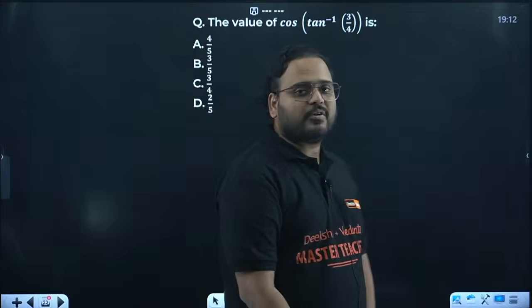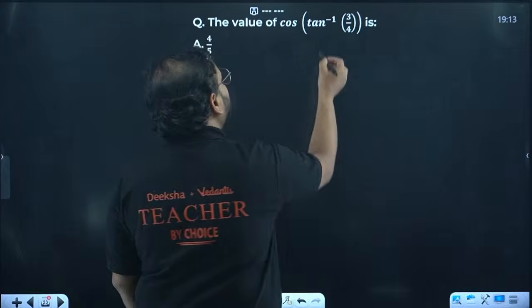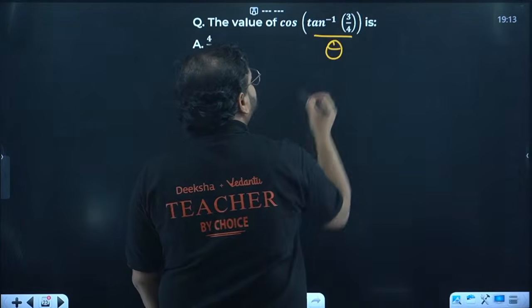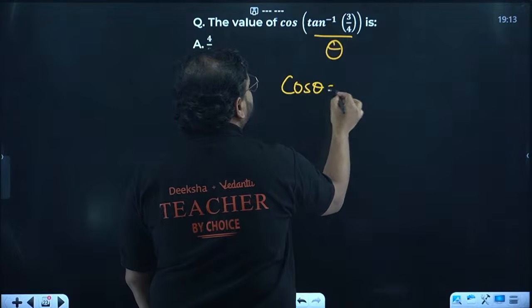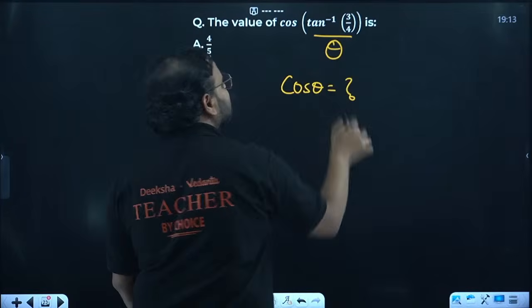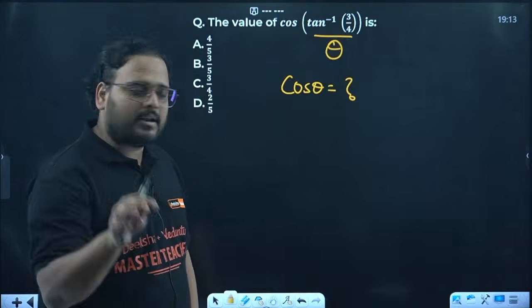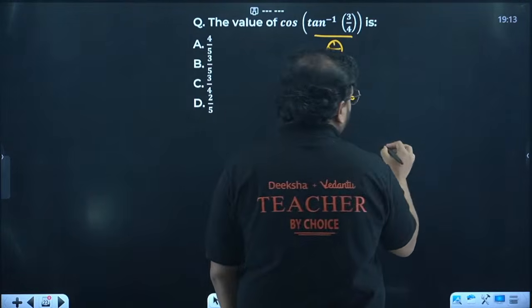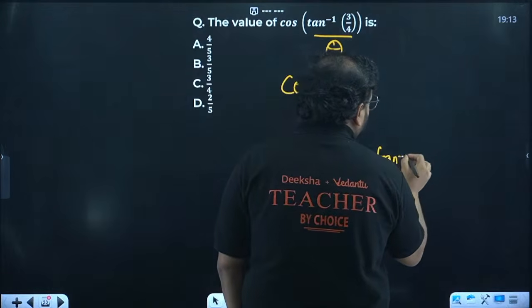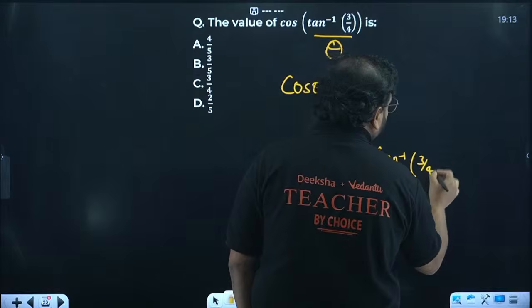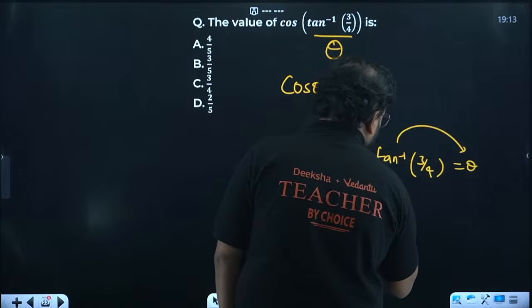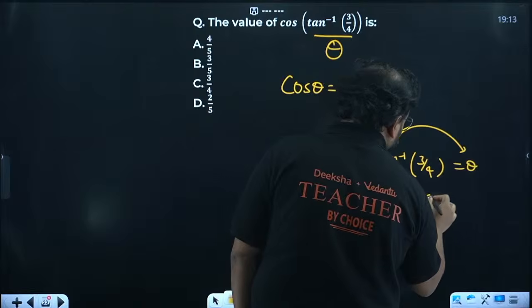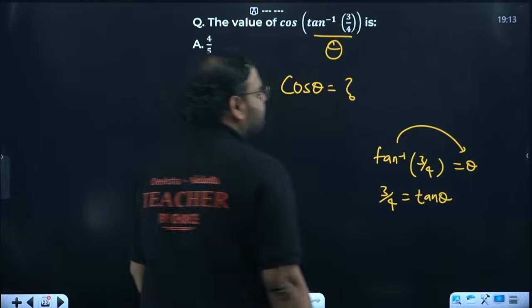Cos of tan inverse of 3 by 4. Very difficult question? Of course not, sir. This is theta. What are they asking us basically? Cos theta. Why is this theta, sir? Because tan inverse of any value will be an angle. If I take tan inverse of 3 by 4 as theta, it means 3 by 4 is tan theta.